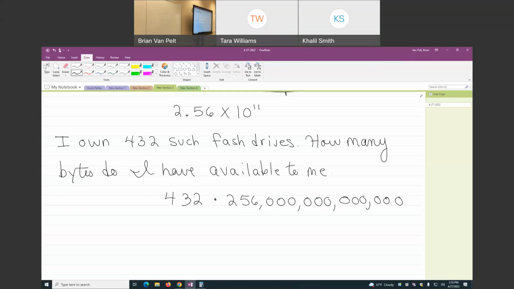Now what I'm gonna do is this. Did I say 2.56 gigabytes? Okay, yeah, gigabytes are billion, sorry. So now watch this. I'm gonna change this 432 to 4.32 times 10 to the second power.